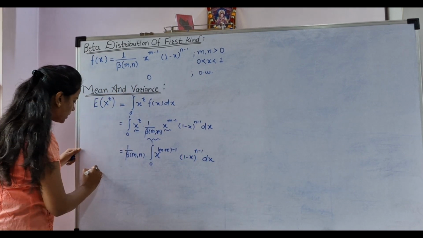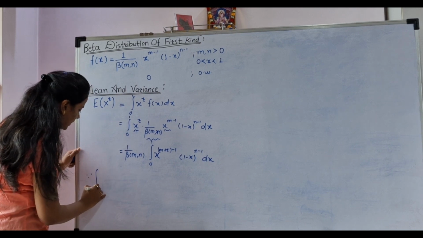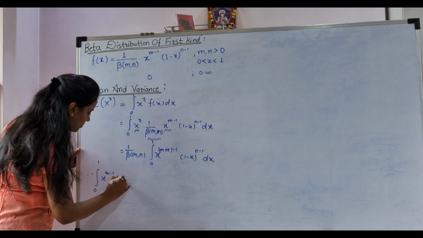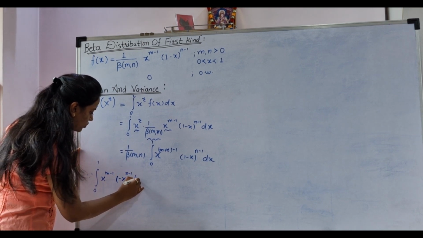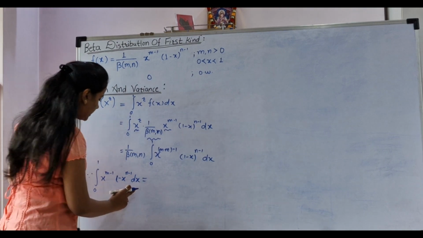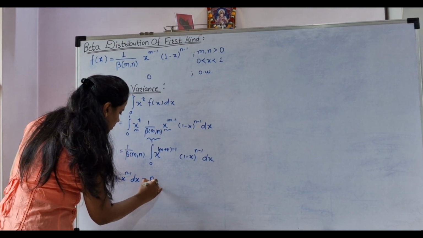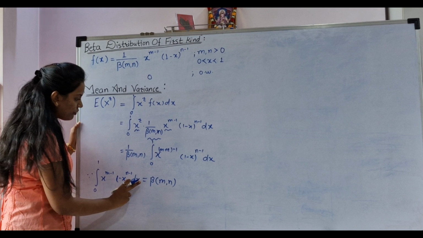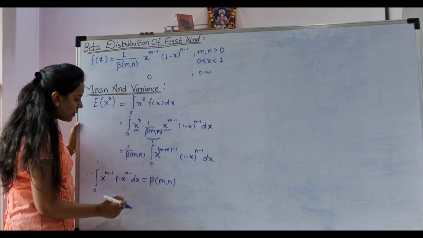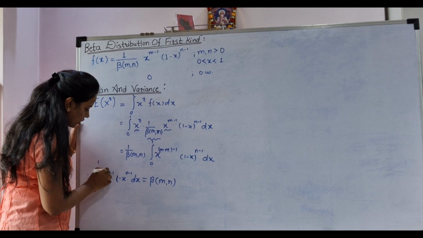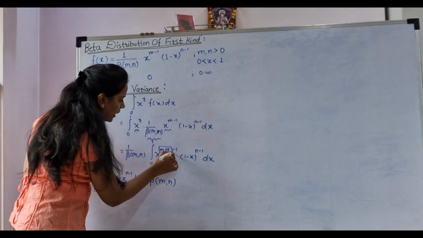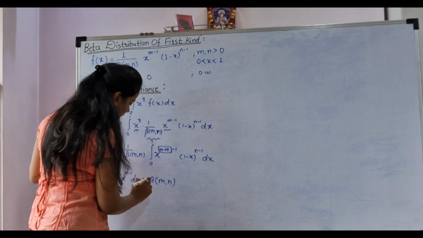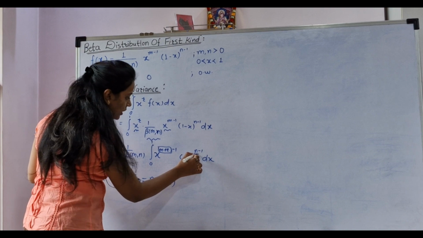Okay. Now since we know that the integral 0 to 1 of x to the power m minus 1 (1 minus x) to the power n minus 1 dx is nothing but beta(m, n), if we compare these two integrals, we can see that instead of m, now we have m plus r as our first parameter, and (1 minus x) to the power n we have.